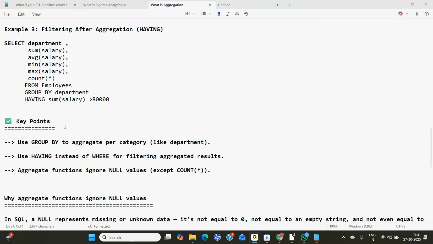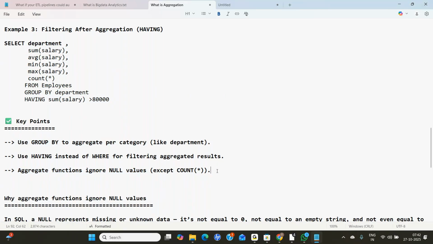Use group by clause to aggregate per category, like department. Use having clause instead of where clause for filtering aggregated results. And aggregate functions ignore null values, except count star.